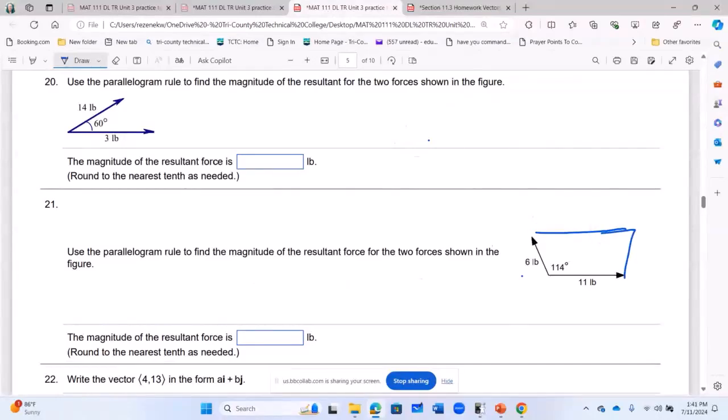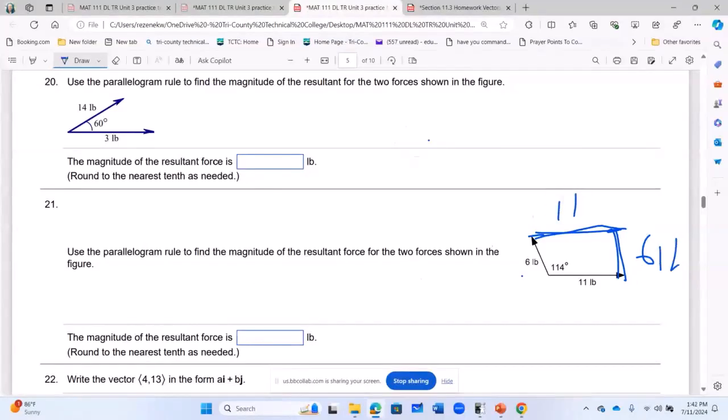Let's say crooked parallelogram. Crooked one. All right. So complete the parallelogram. Okay, much better. And then the opposites, see the force here is 6. The force here is 11.